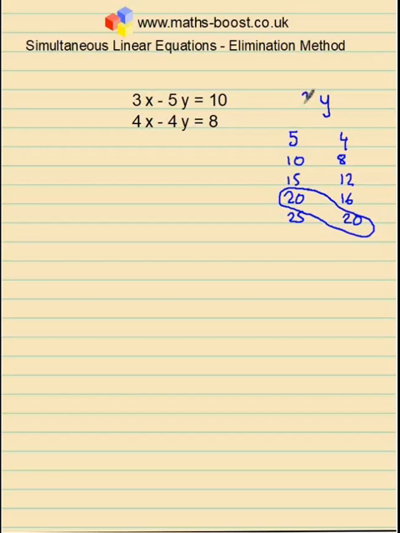So I'm aiming for both equations to have 20y. So I need to multiply each equation by a number that will get the terms to 20y. So I'm going to have to multiply the first equation by minus 4 because minus 4 times minus 5 gives me the 20y, and the second equation by minus 5 because minus 5 times minus 4 gives me 20y.